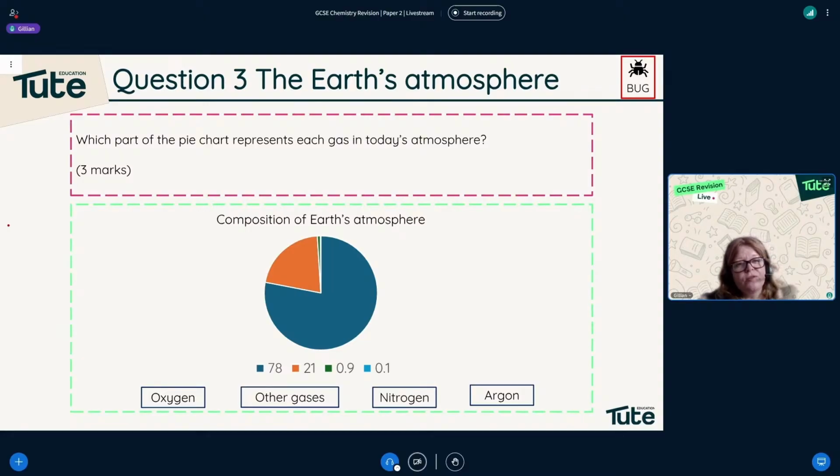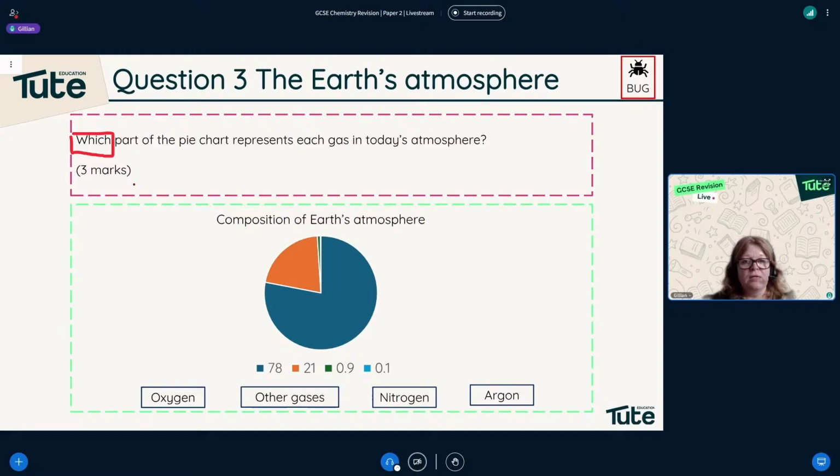So, about 4/5 of our atmosphere is nitrogen, 1/5 is oxygen, and then we've got small proportions of other gases including carbon dioxide and water vapor, and the noble gases, for example, like argon. So, all we need to do for this type of question is match up which part of the pie chart represents each gas in today's atmosphere.